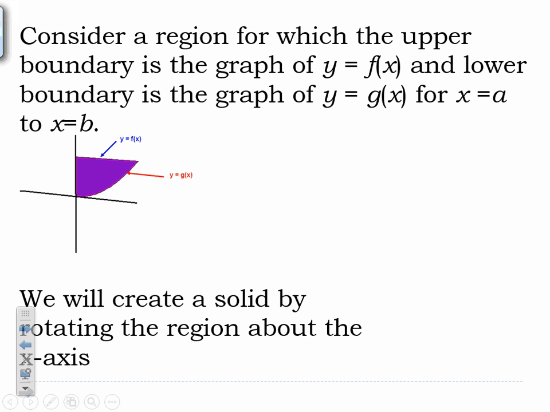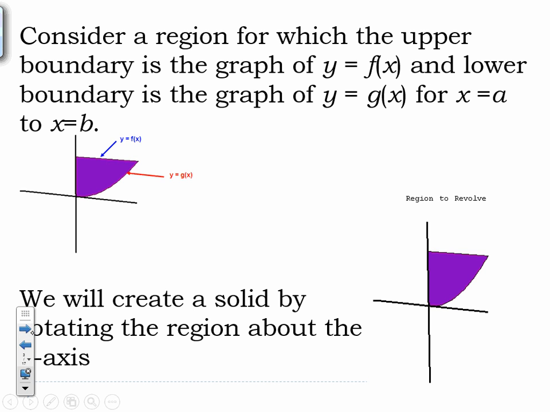Consider a region bounded by the graph f of x for our upper boundary and our lower boundary g of x from a to b. What we're going to do is take this and rotate it today over the x-axis. So what's that going to look like?